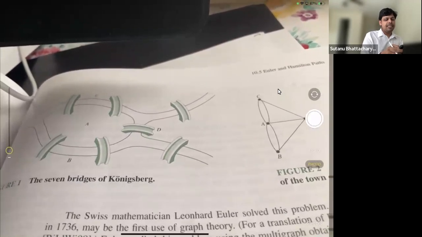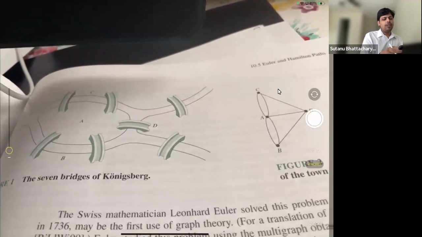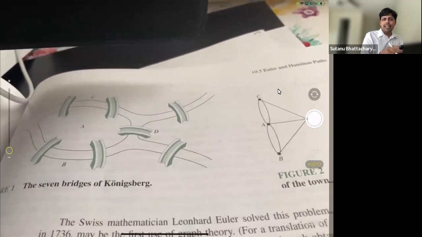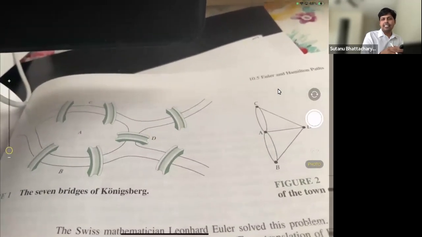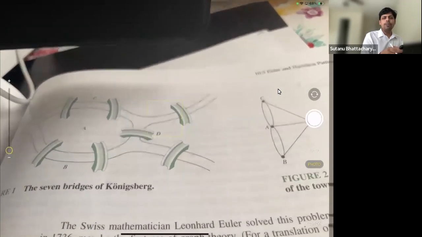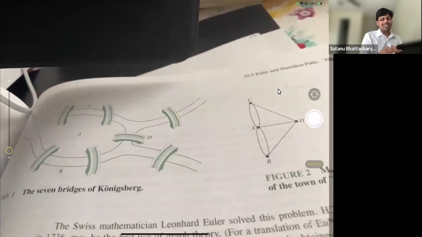The problem is you need to traverse all bridges exactly once, and wherever you start, you end your journey at that point, crossing all bridges exactly once. Is it possible or not? So that was the problem.